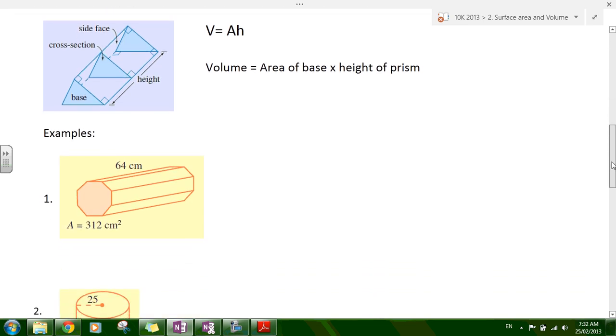First one. So we have this octagonal prism, so 1, 2, 3, 4, 5, 6, 7, 8. It gives us the area of this orange face here, and the area is 312. So in this case, all we have to do is say V equals 312 times the height, which is 64. And then we just find what that equals. So let me just find that real quick.